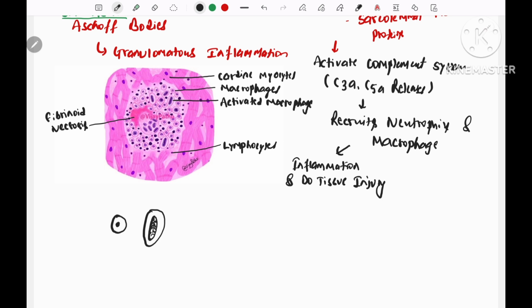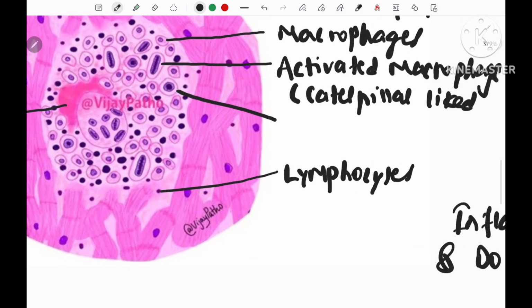So here we are seeing the longitudinal section of the macrophage, the activated macrophages with abundant cytoplasm and a caterpillar-like appearance. And in this image, this is also a macrophage, seen in cross section, and we are seeing an image like an owl eye.